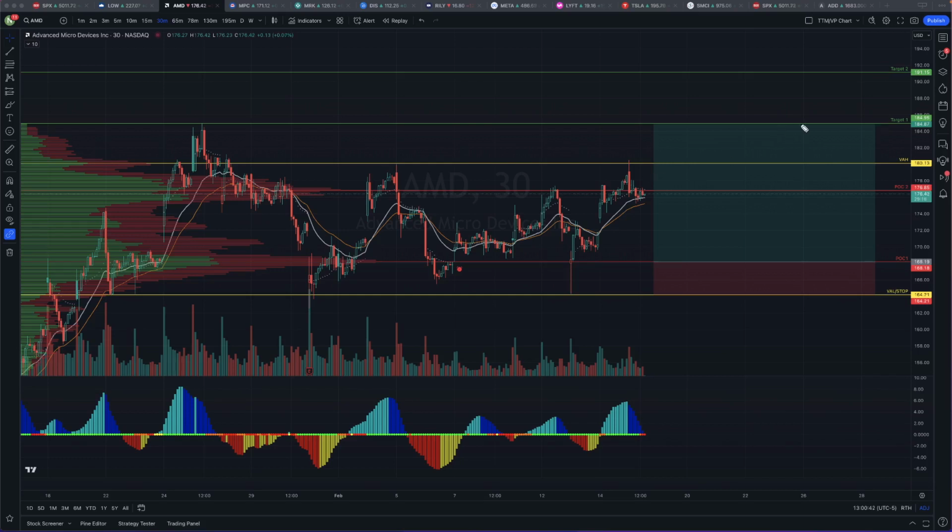So I usually measure my risk reward to target number one because that's where the bulk of my trade is coming off. So if this is my stop, and my entry is around point of control 1, and my target is target number 1, and I put my box on here, this is now a 4-to-1 risk reward. That's a great risk reward, and better once I'm up to target number 2.